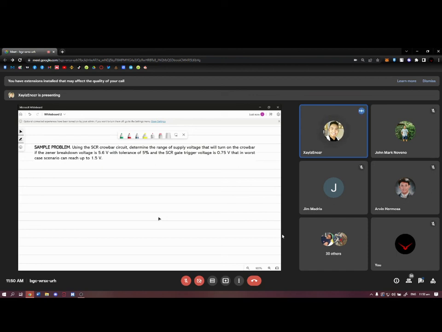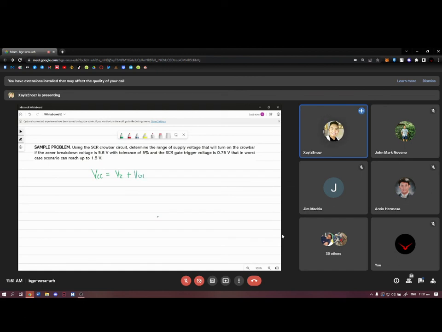1.5 volts. Okay, so we all know yung over voltage value natin is VCC. Ito yung value na pag inaabot to, is magta-turn on si SCR. Ay, VCC is VZ plus VGT.